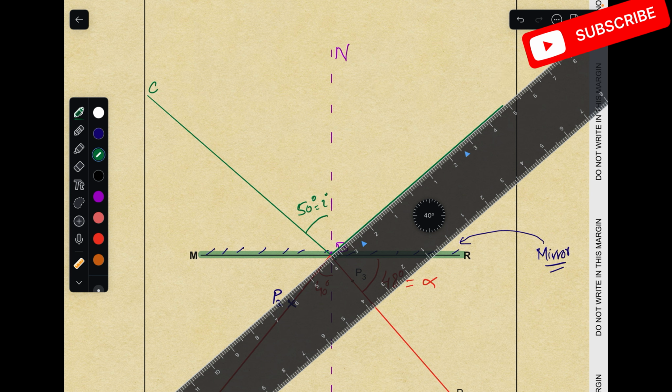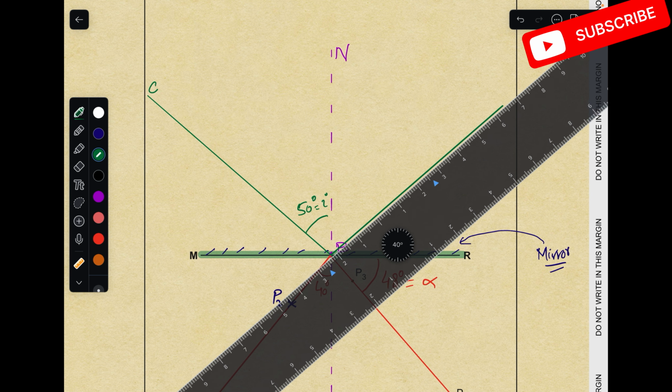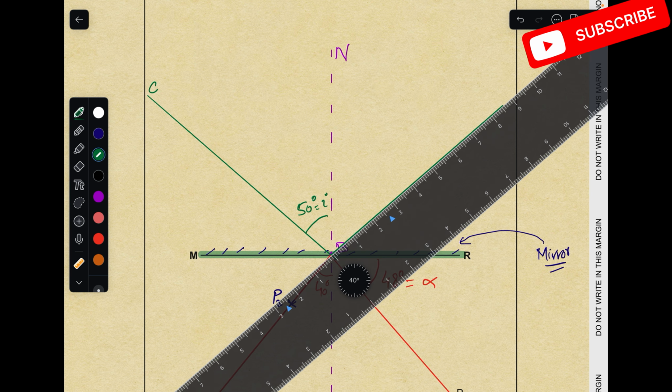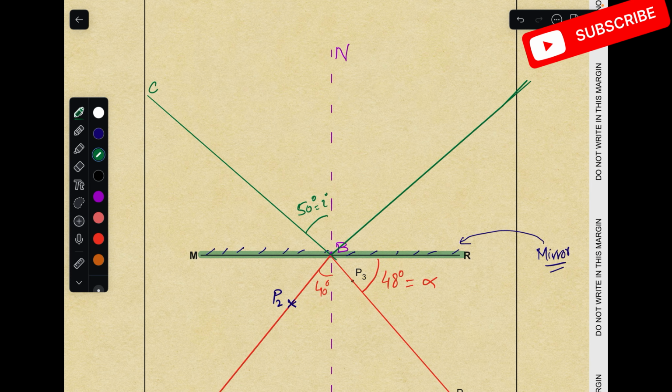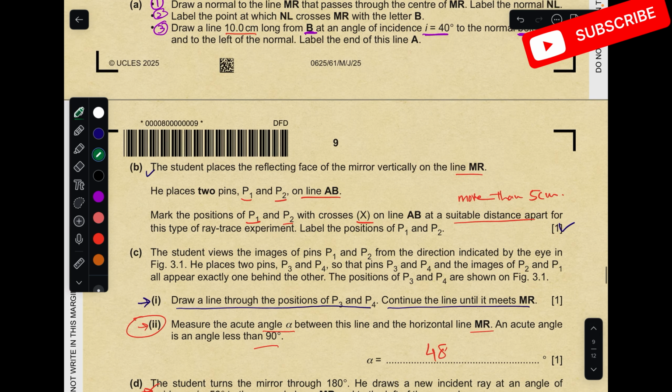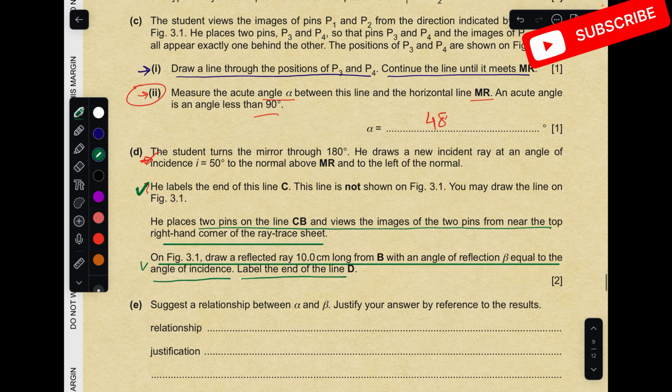This should be 10 centimeters, they have told us. So this point is 0, and there you go. It should be a straight line. So this is the incident ray, this is the reflected ray, and this is angle beta. This is also 50 degrees. You have to call this end D, as they have told us. So we are done with this part as well. This is for the 2 marks.